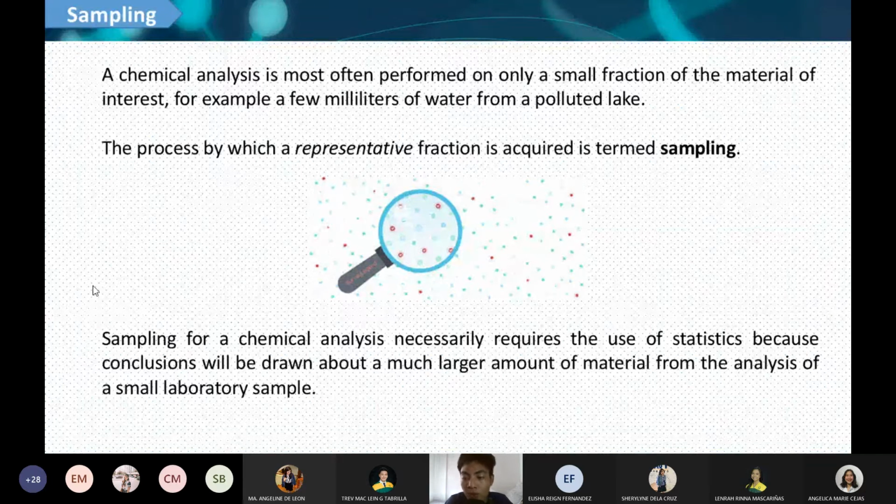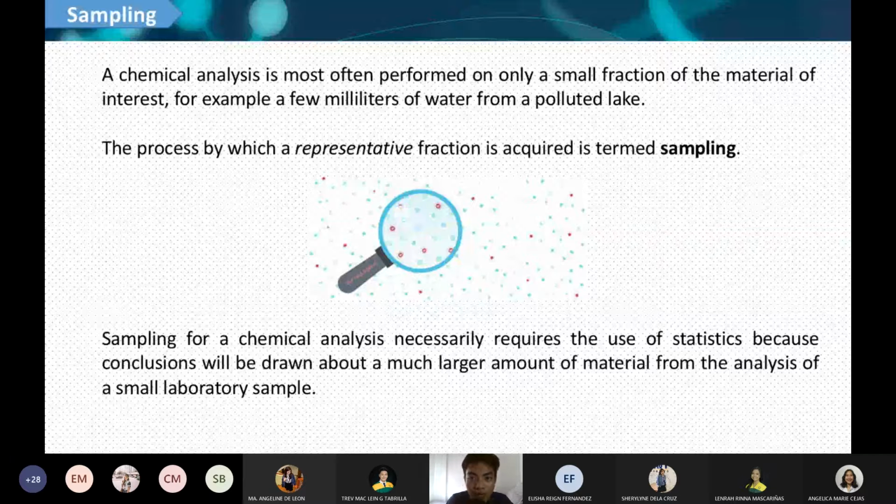Ibig sabihin, kunwari, sa Ilog Pasig, ang nakuha kong concentration ay ganito, that means that is true for the entire river. Pwedeng ganun yung meaning. Kaya, for a certain region lang sa Pasig River.